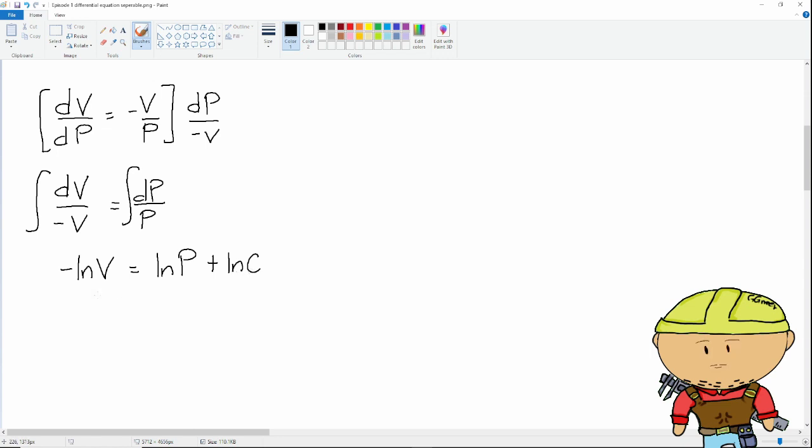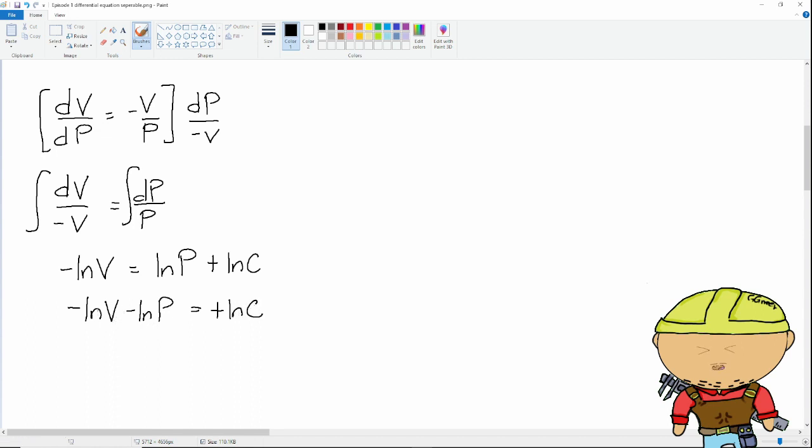Then we're going to simplify, moving p to the left side. We will have negative ln v minus ln p is equal to positive ln c.